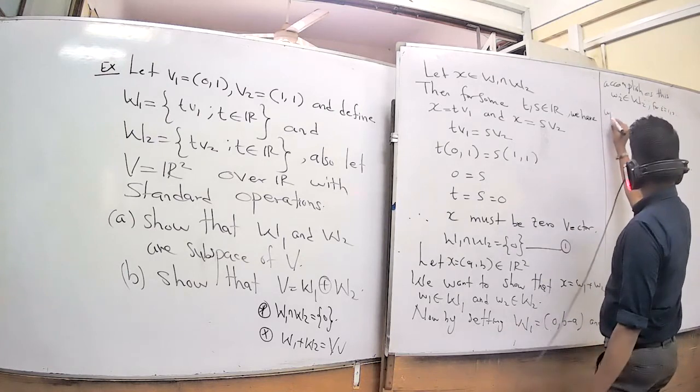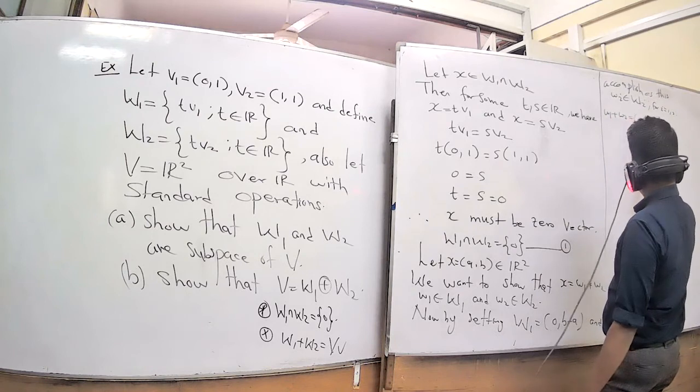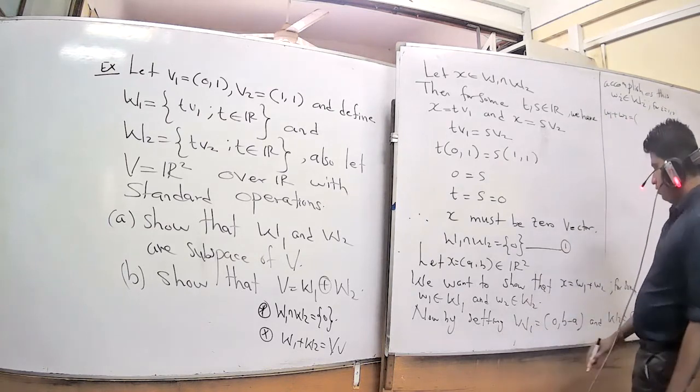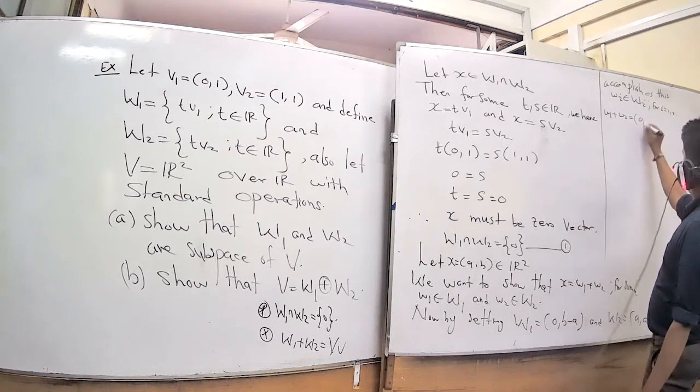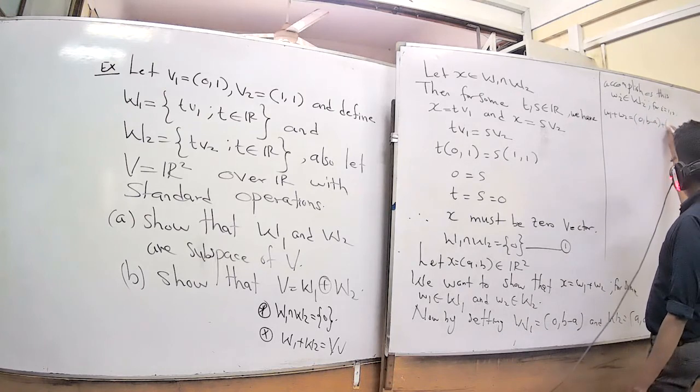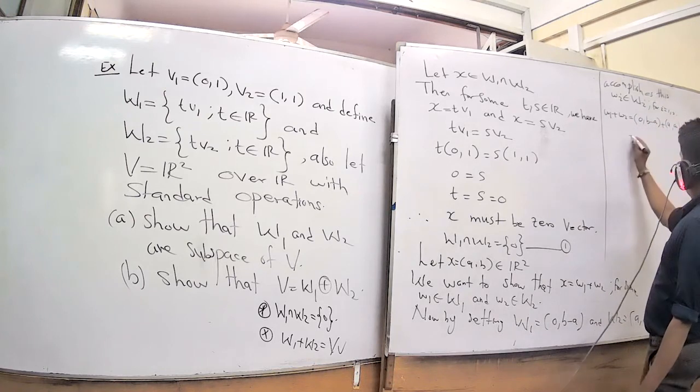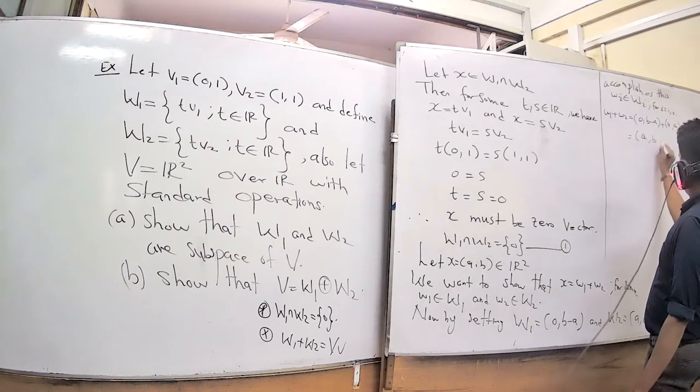So w1 plus w2 is of the form, you can add both, (0, b minus a) plus (a, a). So we will get (a, b).